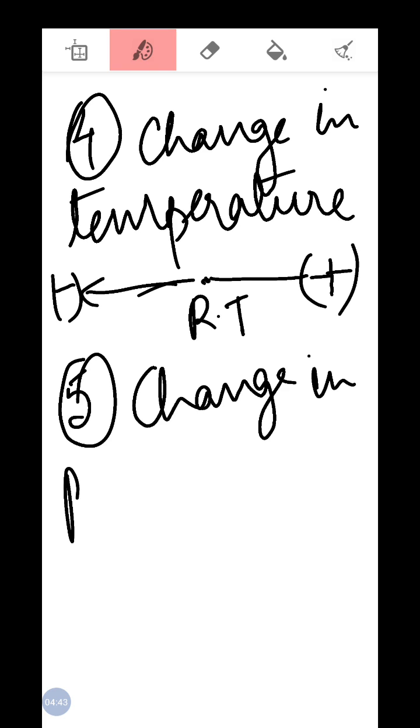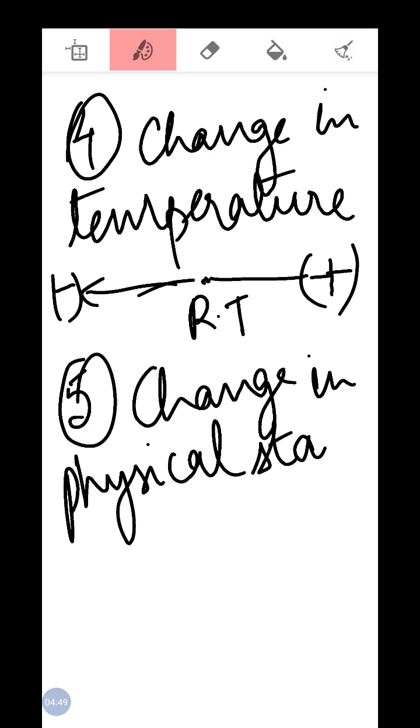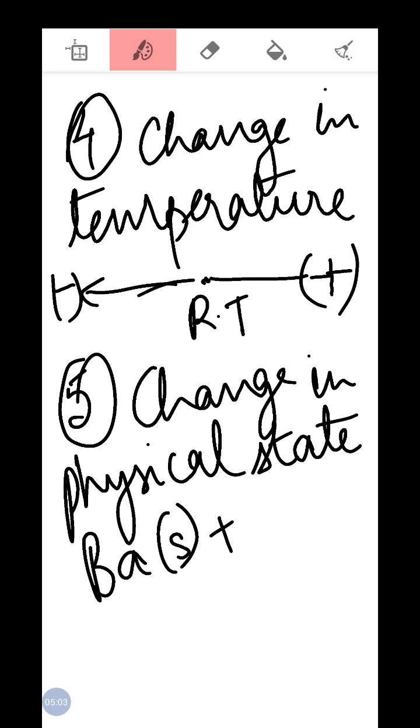I told you that while writing a chemical equation, we always mention the physical states of the reactants and the products, right? So in that case, if the reactant was barium, which was a solid initially, it reacts with H2SO4, which was aqueous. I told you what aqueous means.